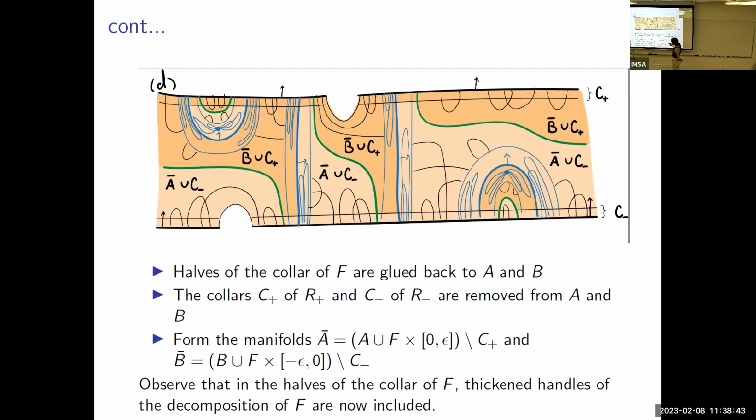And also we have this collar of R minus and the collar of R plus.